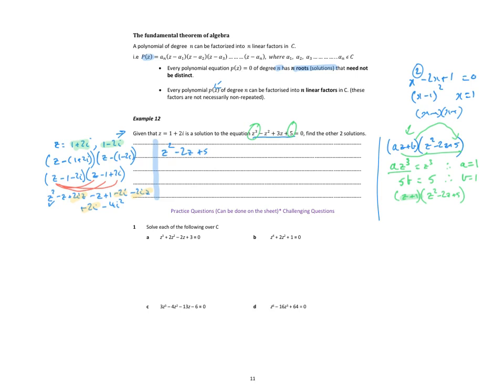So my solutions are 1 plus 2i from the question, 1 minus 2i from the conjugate of that, and negative 1. Those are the three solutions.